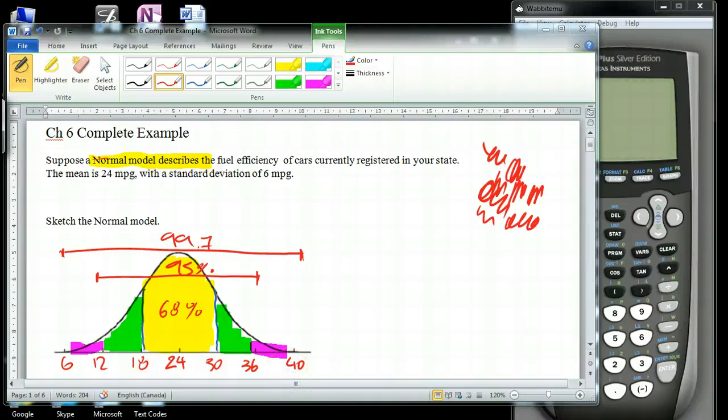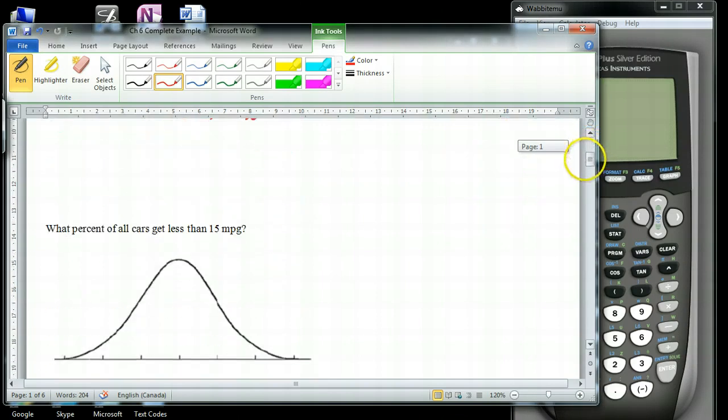So anything really outside of 6 and 42 would be a very special, unique value. Okay, let's move on to the next one.